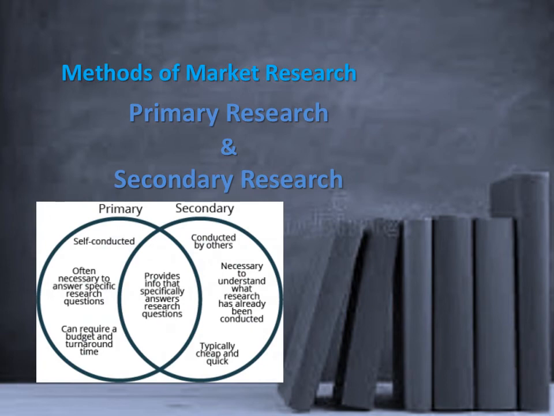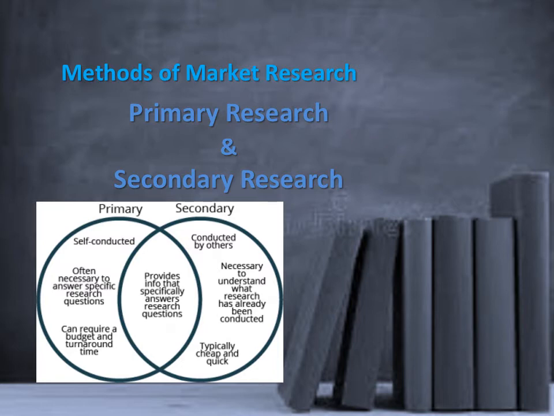Simultaneously, as we discuss the type, we need to know the methods of market research. Market research is usually classified into following two different methods: primary research and the secondary research. As from the labels it becomes evident, primary research is the first hand information, whereas the secondary research is the second hand information.